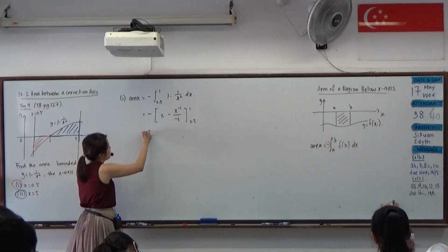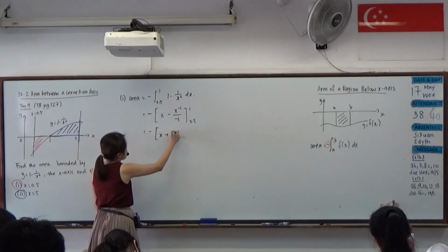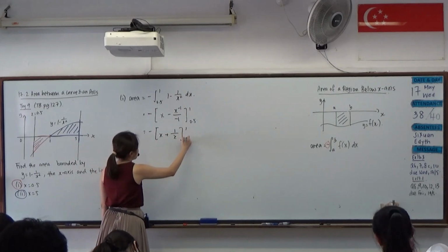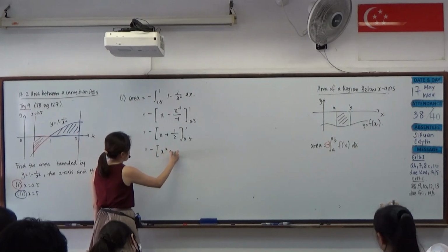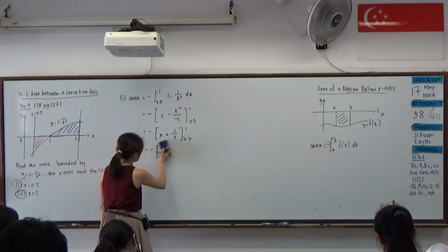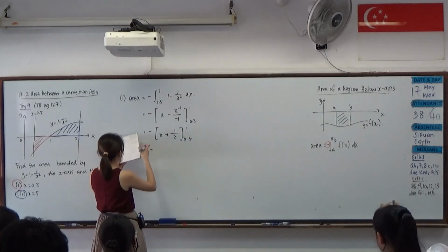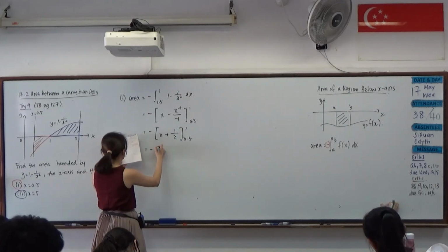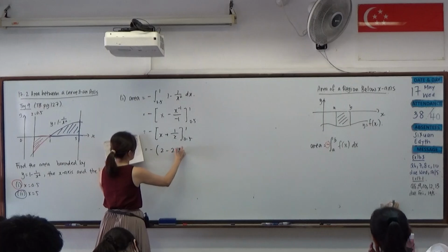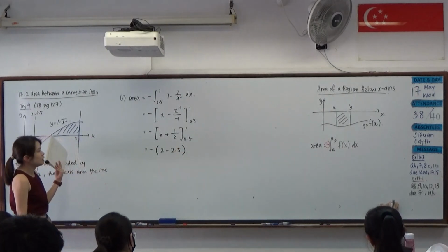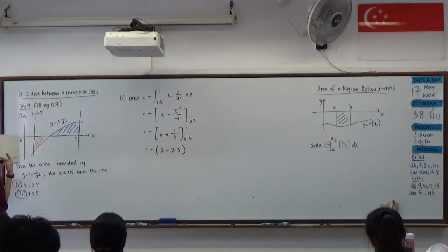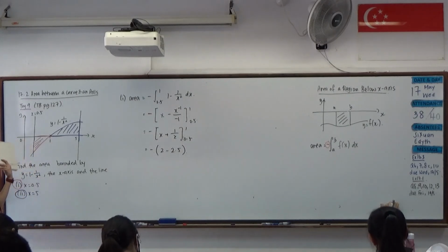Okay, then we simplify it. Substituting x equals to 1, we get the value of 2. Substituting 0.5, here we get 2.5.